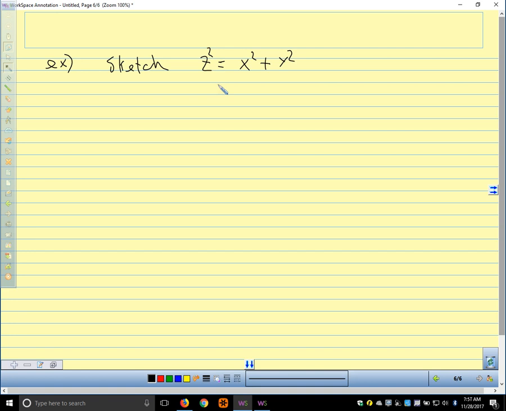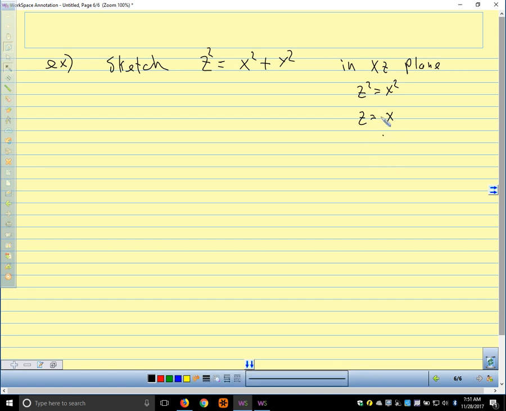So we're going to do the same thing. In the xz plane, we have z squared equals x squared, and we can simplify that to z equals, when we take the square root, plus or minus x.